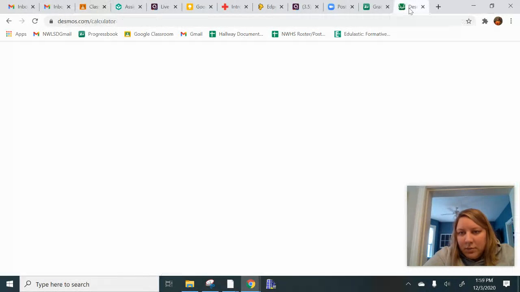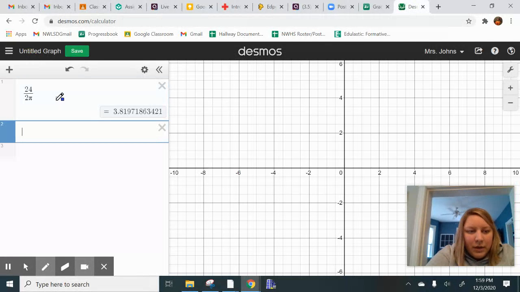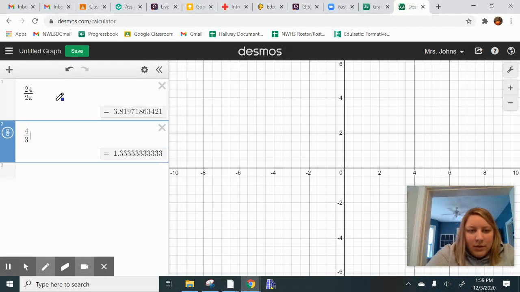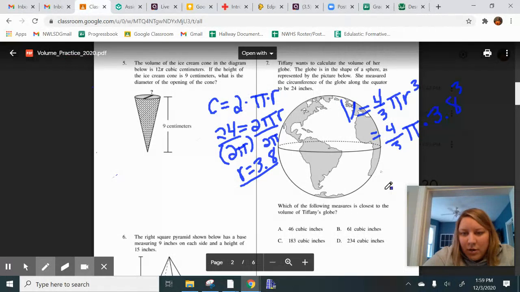So I'm going to go to Desmos. We're going to plug in 4/3 pi 3.8 cubed, which is 195.4. So what's closest? 183 I think is closest. That's closer than 234. So okay.